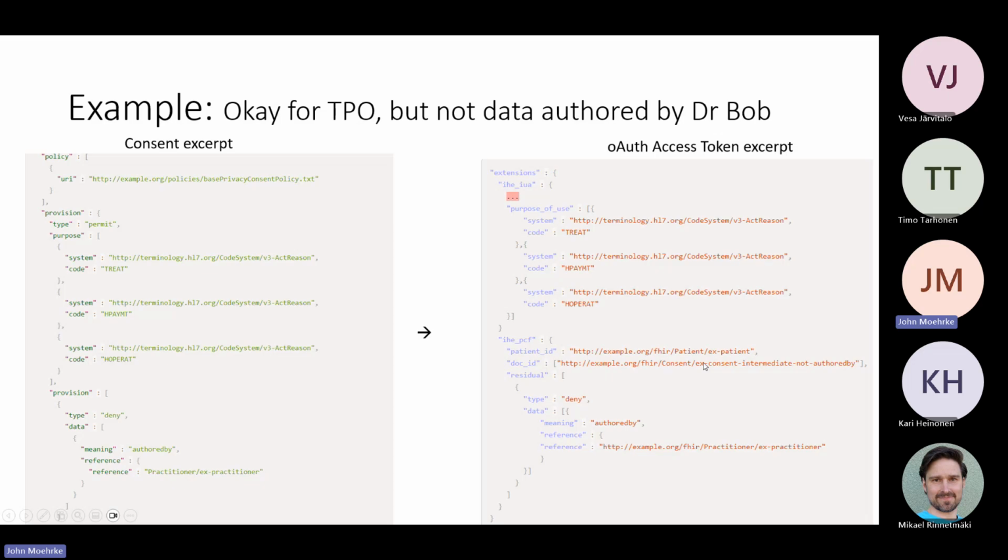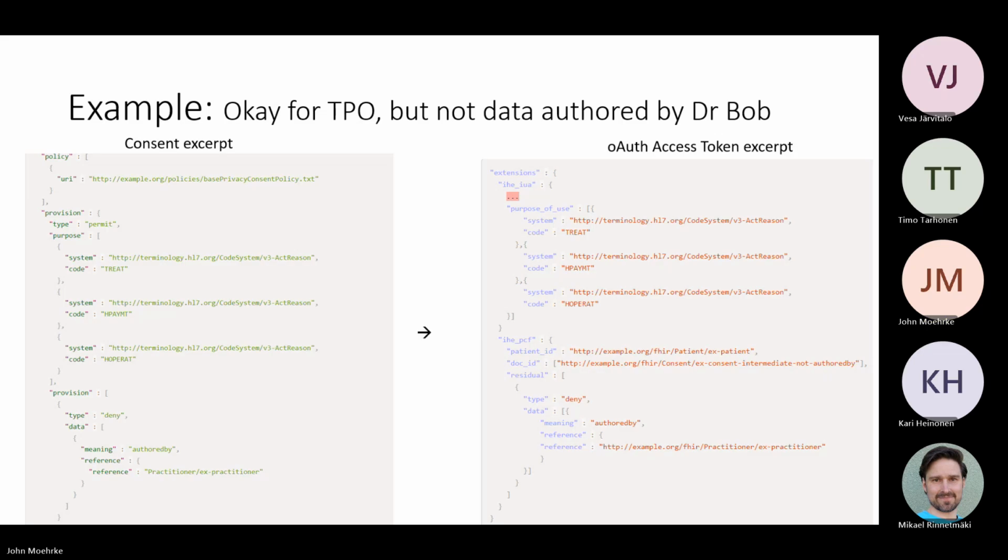So this is the identity of this consent over here. And then there is a residual requirement here to deny anything authored by this practitioner. And you'll notice this is a rather similar layout to what's over here in the consent. And indeed, it is a rather similar policy.